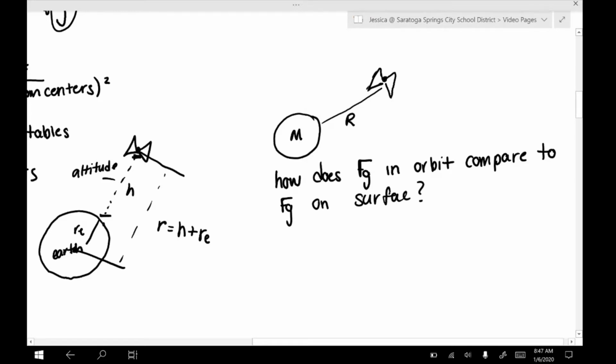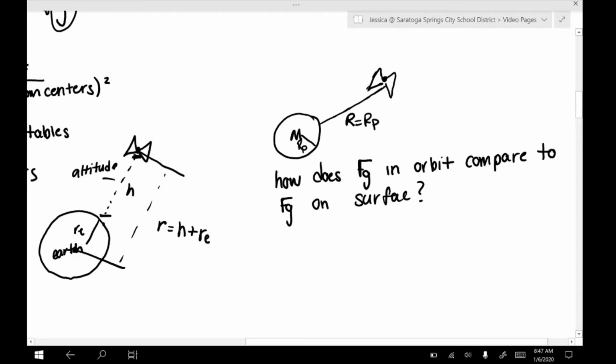So on the surface, the satellite is a distance of a radius from the center of the planet. Let's say its altitude is exactly equal to the radius of the planet.